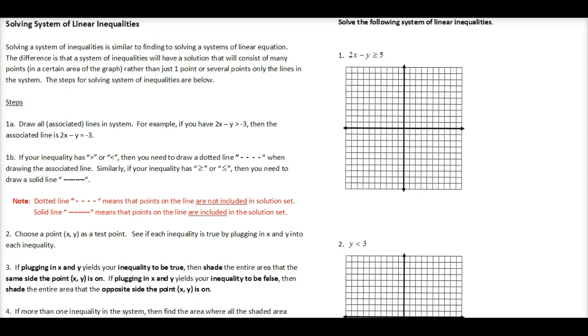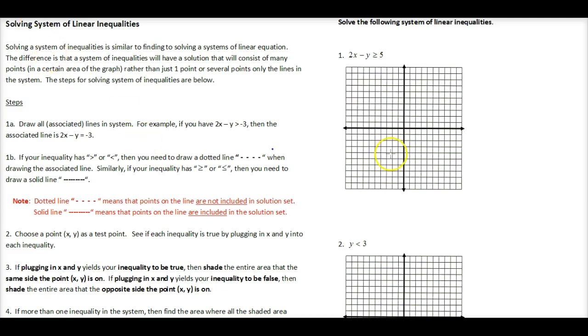If we plug in the x and y coordinates and find we have a false statement, then we shade the area of points that is opposite of where the point is.